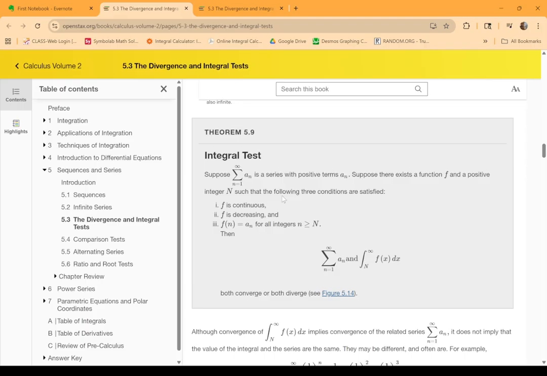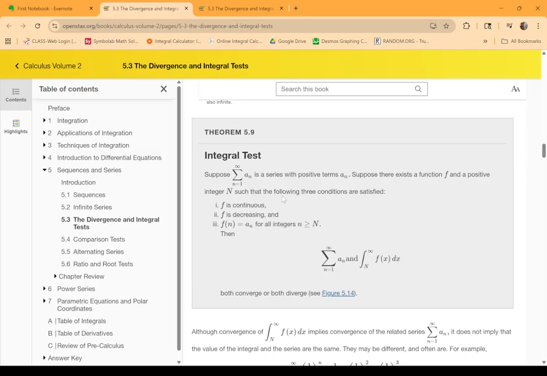It's also decreasing: if you take the derivative of both of those functions, you'll see that on the domain it's always negative. And f of n is equal to a sub n for all integers, which we did, since the way we set up those rectangles was based off the function values. So all three of those conditions held.